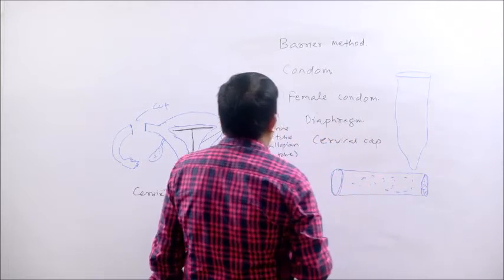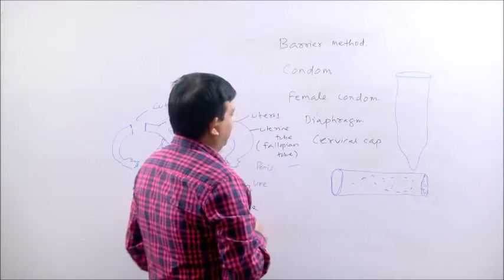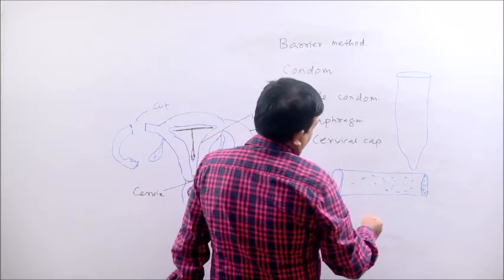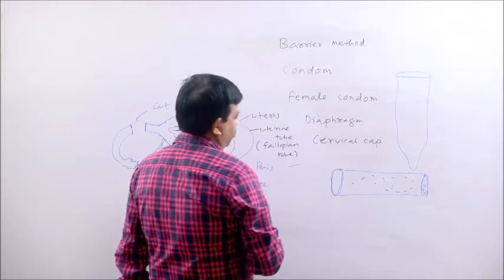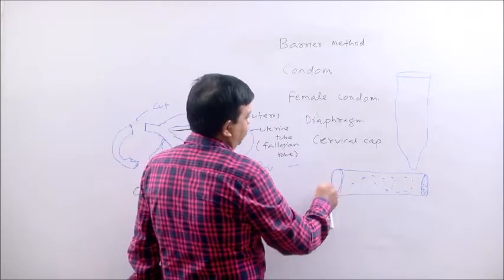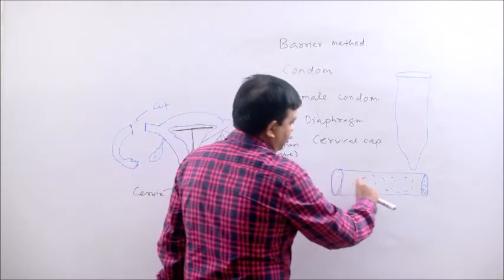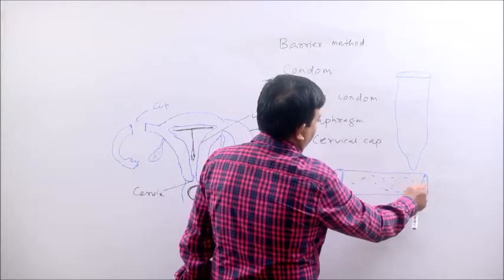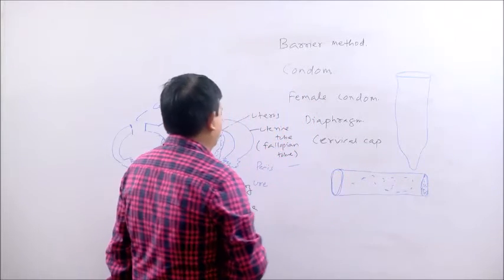This is how a female condom looks. It is also made of latex. Here it has two rings, two flexible rings are present. It is tube like, one end is closed and the other end is open.